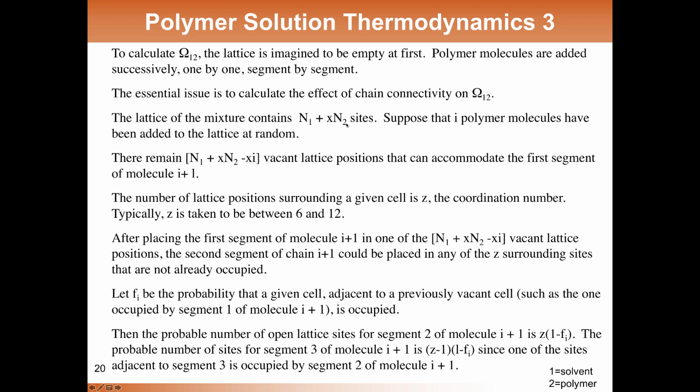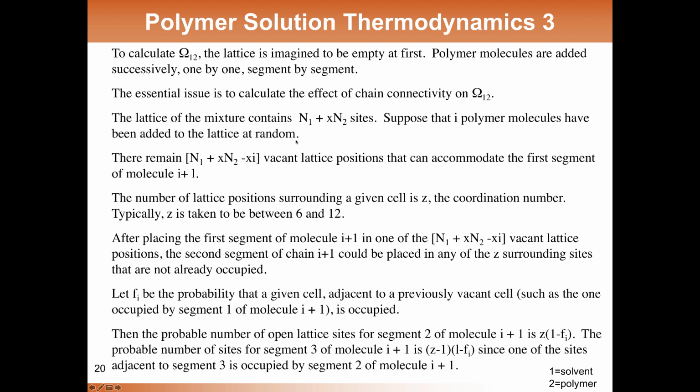And we start with the lattice empty and start to place polymer segments one by one on each of the polymer chains. And we haven't put any solvent onto or into the lattice at the beginning. And so we imagine a case where I polymer molecules have already been added to the lattice at random.